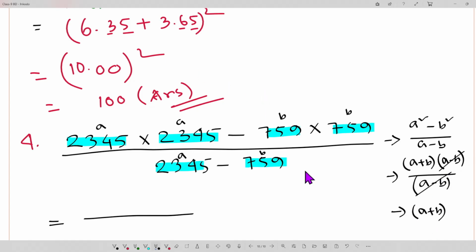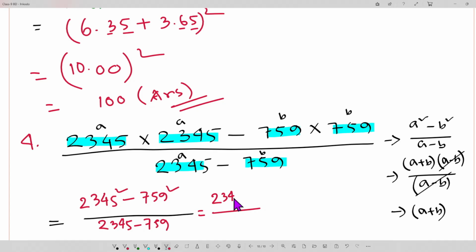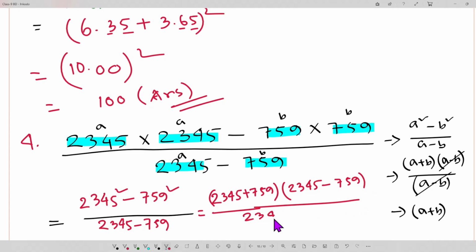So similarly here we will also get the same thing. It means 2345 square minus 759 square, divided by 2345 minus 759, and this one we can write (2345 + 759) times (2345 − 759), divided by (2345 − 759).